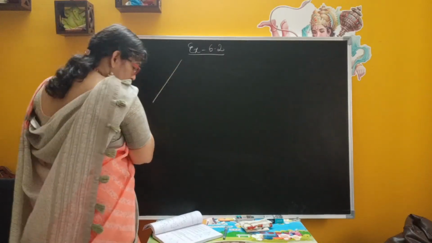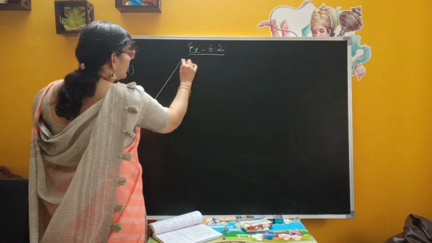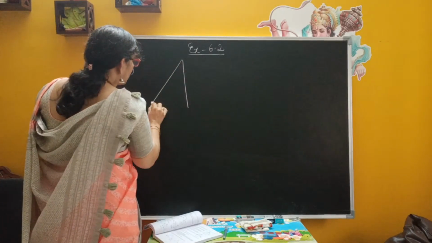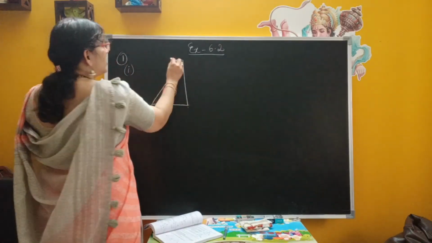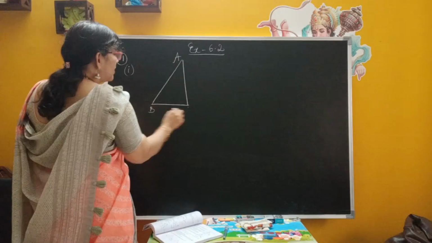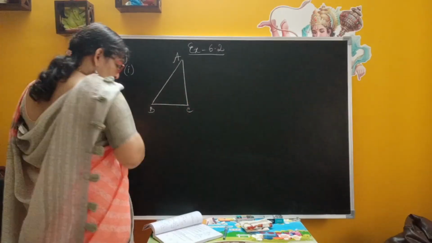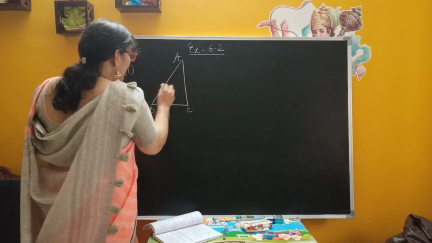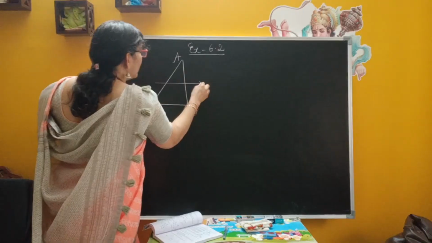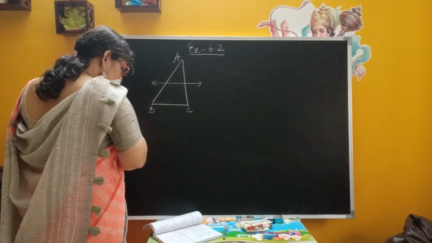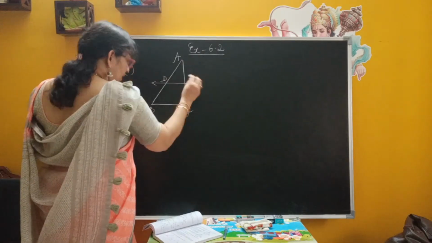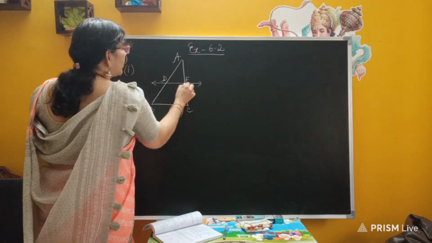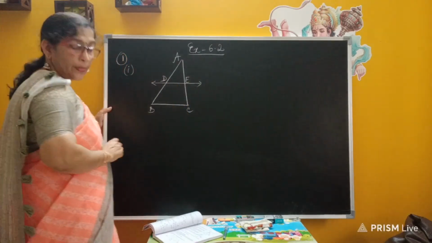A figure is given, a triangle named ABC, and your line DE intersects AB at point D and AC at point E. These two are intersecting points.